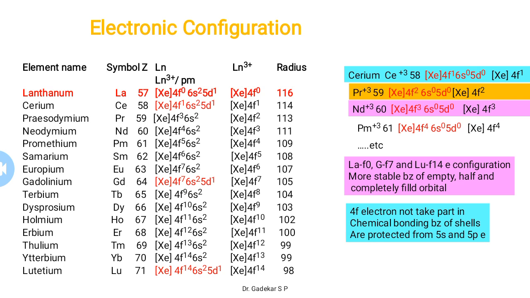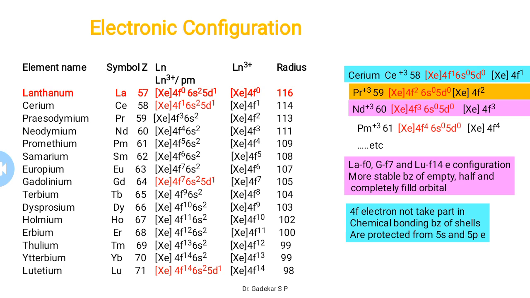Other lanthanides do not have an electron in the 5d orbitals. Only the 4f and 6s orbitals contain electrons.